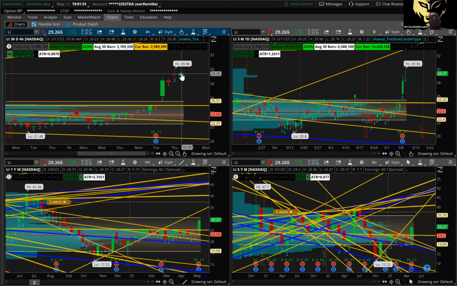However, if the setup is there and price is continuing to show strength, then you can take advantage of the volatility tomorrow. And maybe you take it back to the high of the day, 29.96, which may give you some good chicken right there, honestly. So check it out.